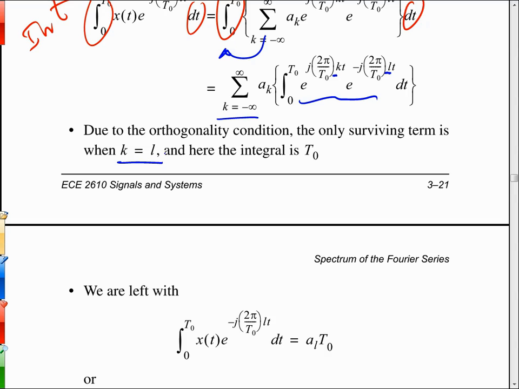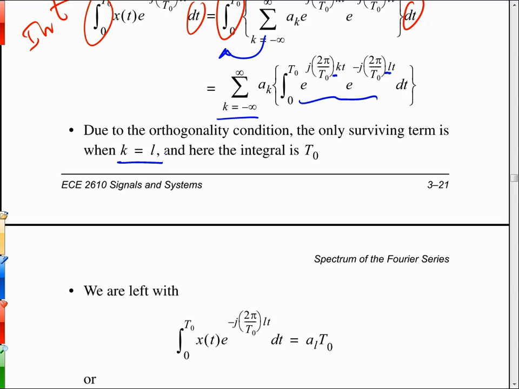And that's the only value then that survives out of that doubly infinite sum. Can everybody see that? It's a little bit abstract, but when you interchange the order of sum and integration, we end up with this neat result that that integral on the inside is 0 everywhere except k equaling L.